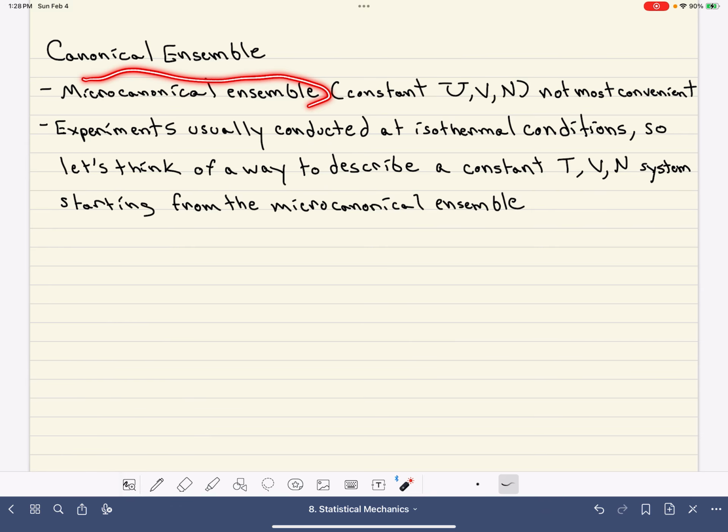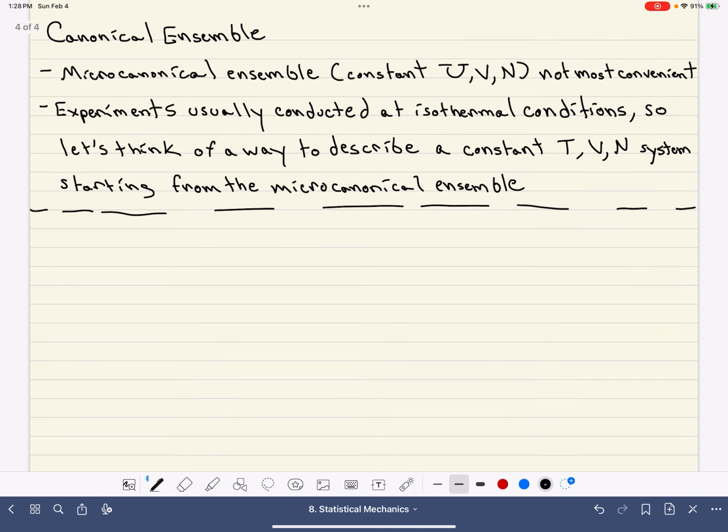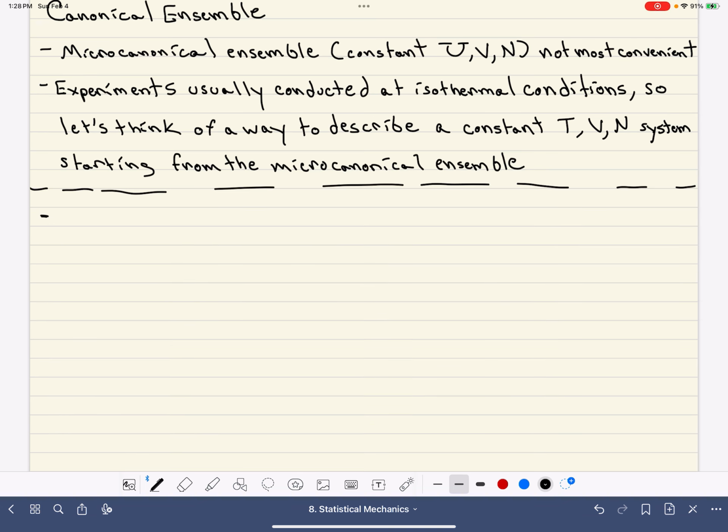So we were dealing with microcanonical before, now we're going to be dealing with canonical. Let's define the relevant partition functions and thermodynamic properties for a canonical ensemble.